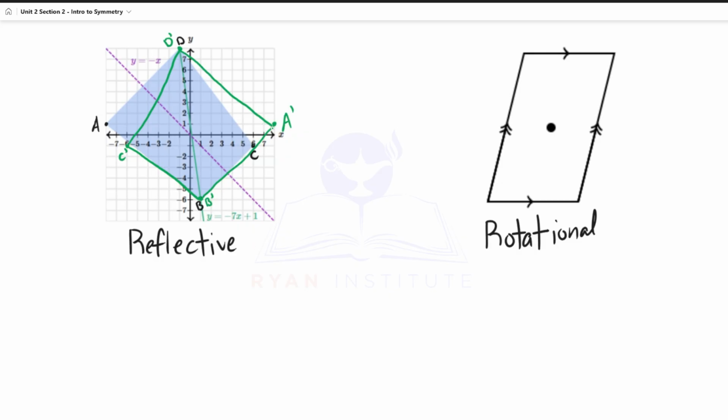Now what if I were to reflect this across that purple line? Let's see what that would look like. And change this to be purple.